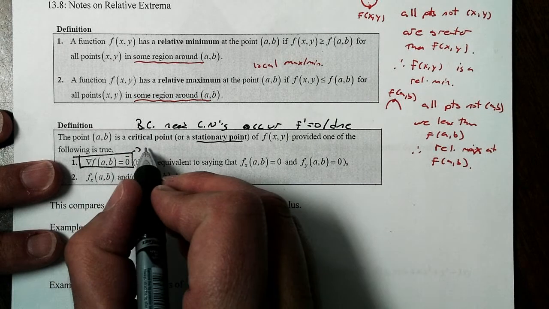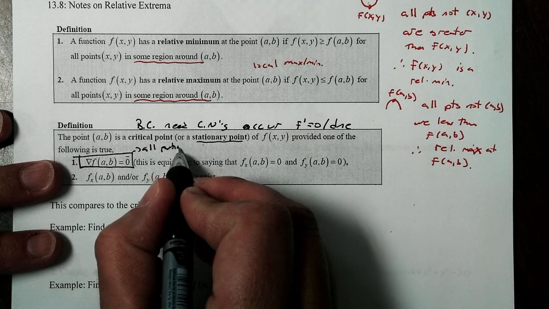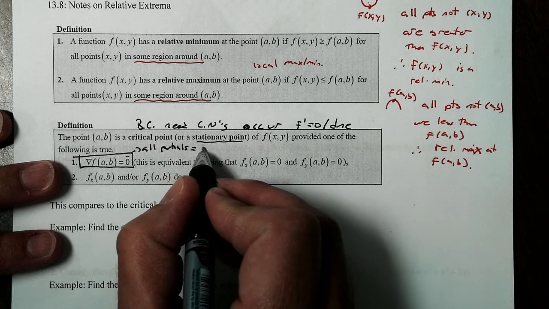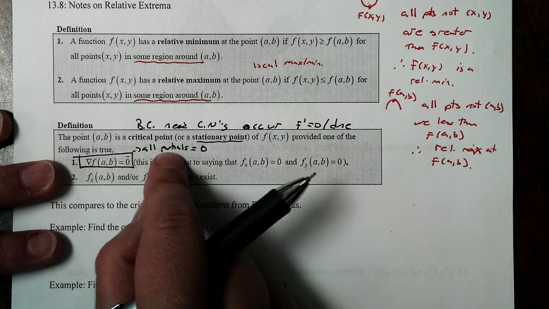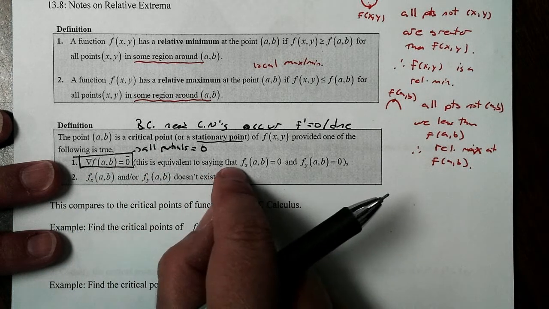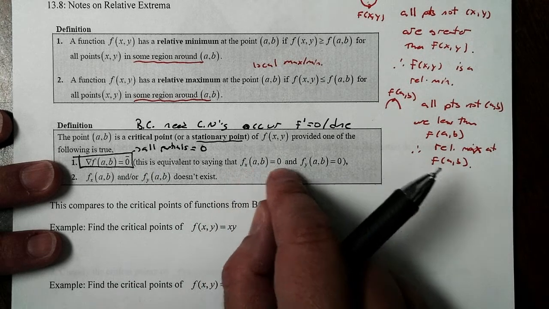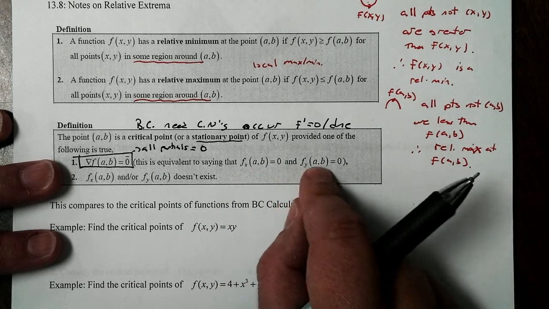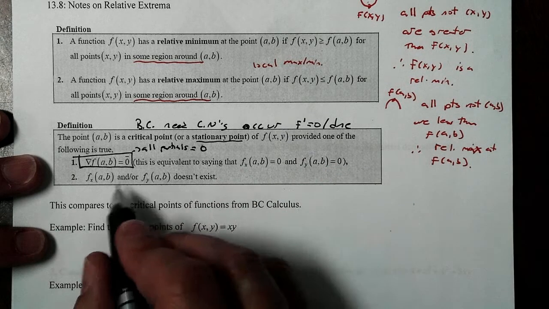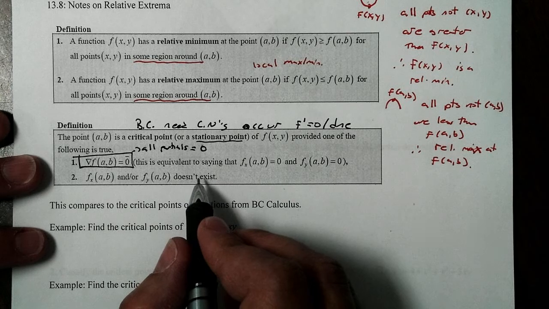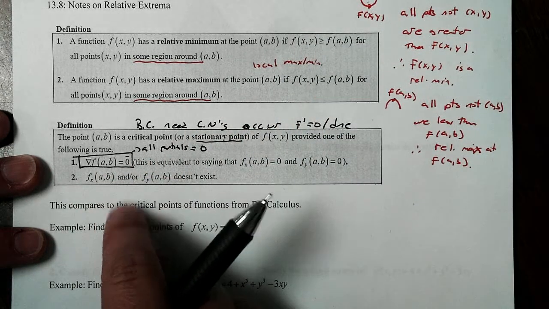So in other words, all the partial derivatives have to equal 0, all the components of my gradient have to be 0. This says that the partial of f with respect to x has to be 0 at our point, and the partial with respect to y at our point also has to be 0. The other condition is they can both not exist. For example, they could both be holes. That's another example right here.